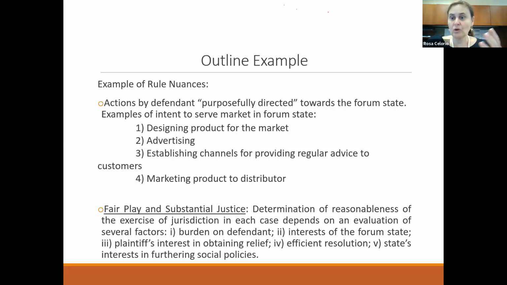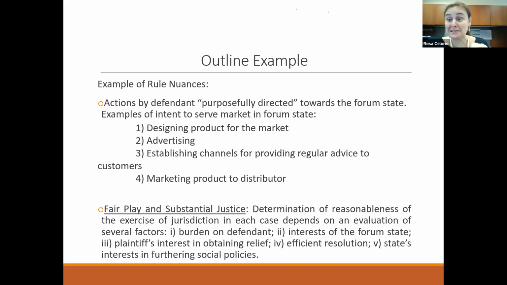That's where you can include, remember, the purposely directed activities, the factors, right? What are the examples of intent to serve the market in the forum state? Designing product for the market, advertising, establishing channels for providing regular advice to customers, marketing product through a distributor.